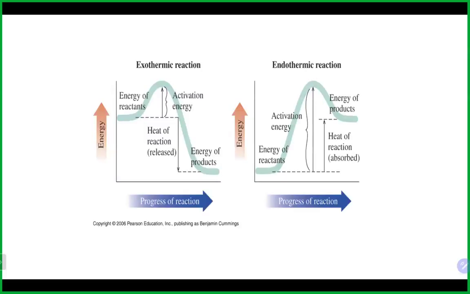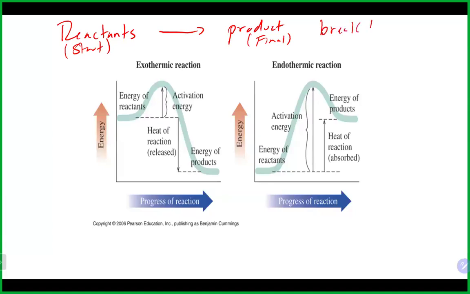So when we have a chemical reaction and we go from our reactants to our products, from our starting to our final state, the only thing that happens in a chemical reaction is all we do is basically break bonds and we make bonds.